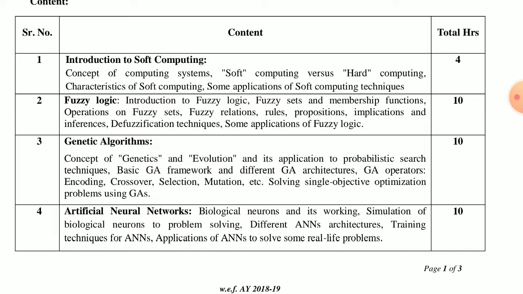Means in real life we can show the robot movie. One machine is given and it works like a human being. So this is AI, and in AI a machine works like a human being.